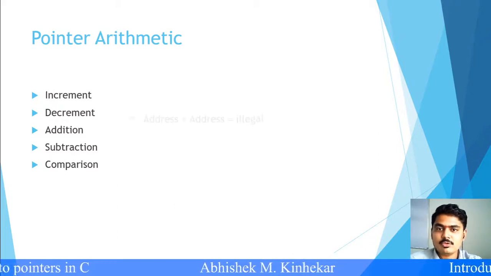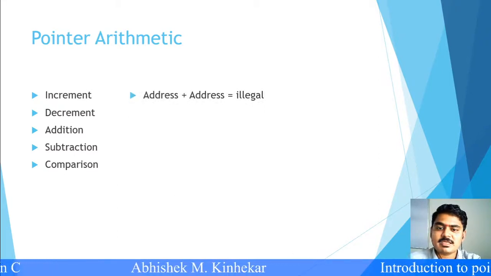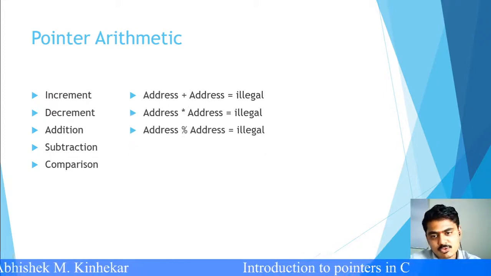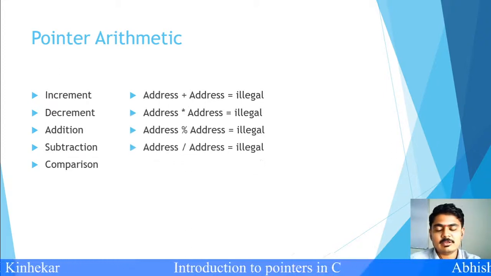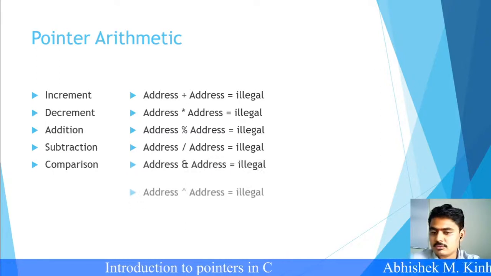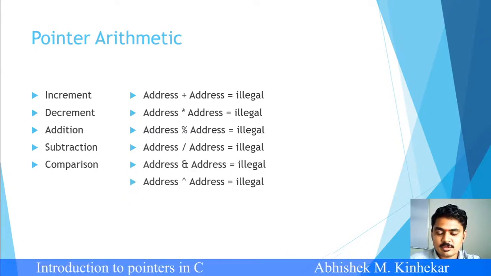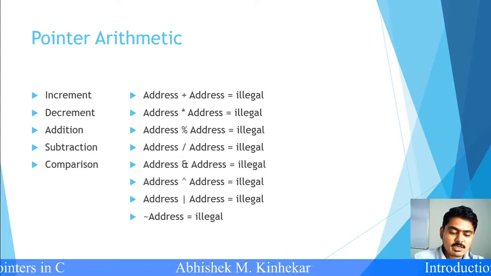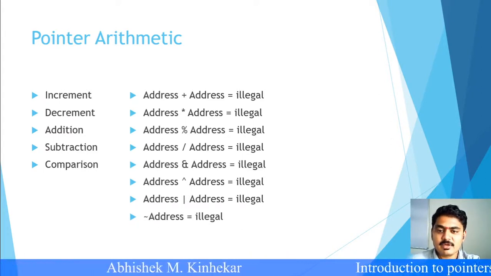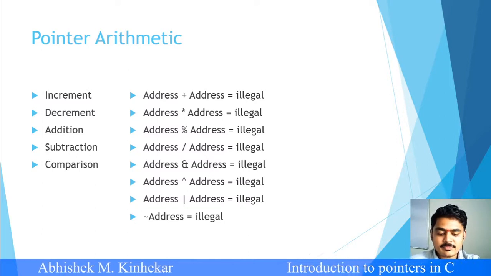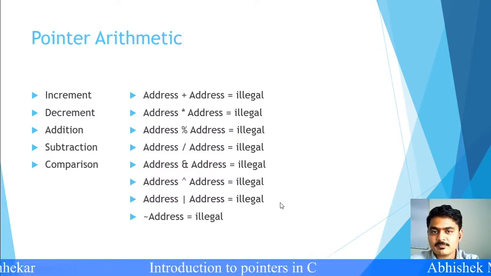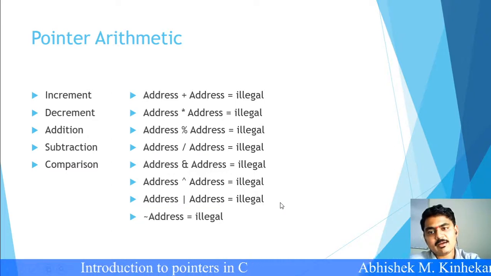For example, you cannot add one address to another address, you cannot multiply one address with another address, you cannot take modulus or division, and you cannot use logical operators with addresses. How these things work out and how exactly they give errors, we are going to see in further discussion. So without wasting much time, let us go to Code::Blocks and try to implement pointers and pointer arithmetic.